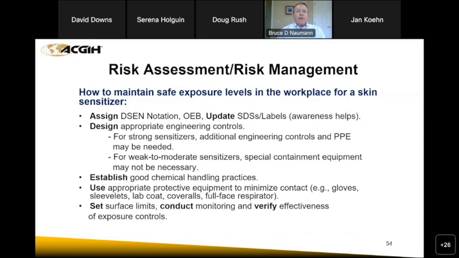And so surface limits, at least in the pharmaceutical industry, were used for a number of other purposes, like decommissioning areas, or after a bay was cleaned up, when is it okay to hand it over and allow the next product to go through. So it's good for sensitizers, good for things that are toxic dermally, and it's something that, unfortunately, we really haven't taken advantage of for many years.